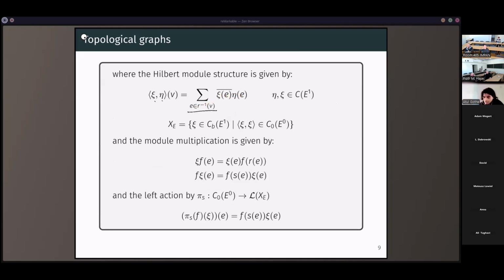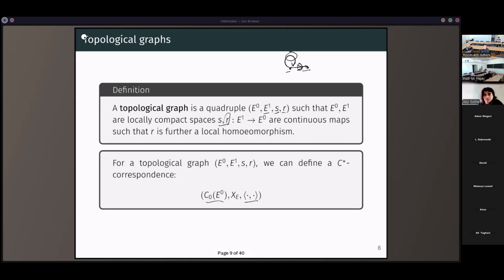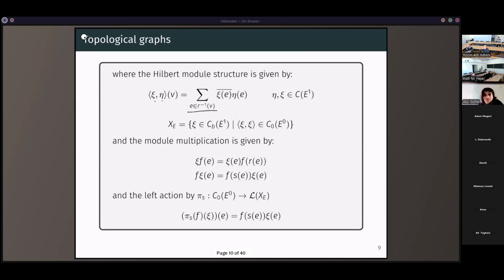Because we have defined the range map to be a local homeomorphism, when we take the pre-image of a discrete subset, which is just v, the pre-image is also discrete. So taking the sum here makes total sense.